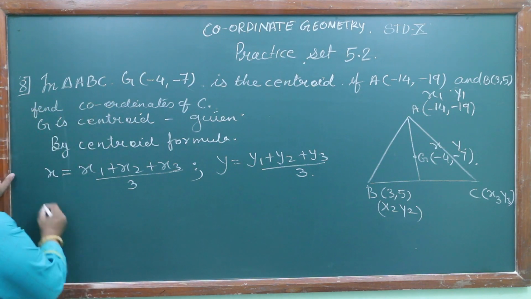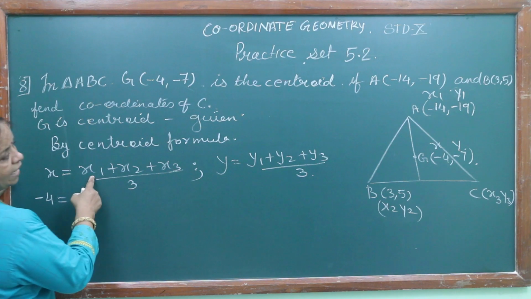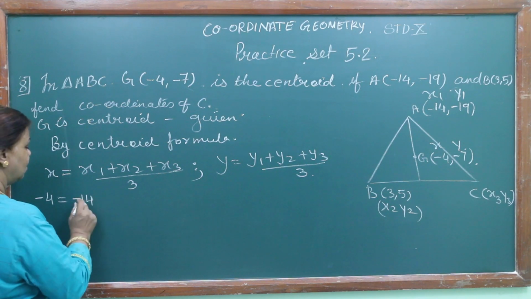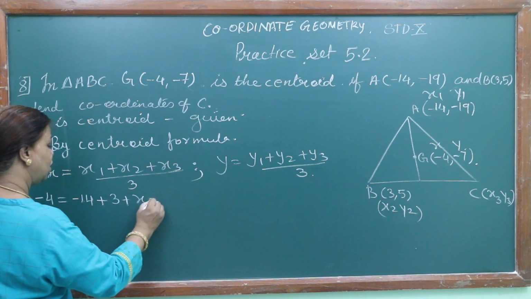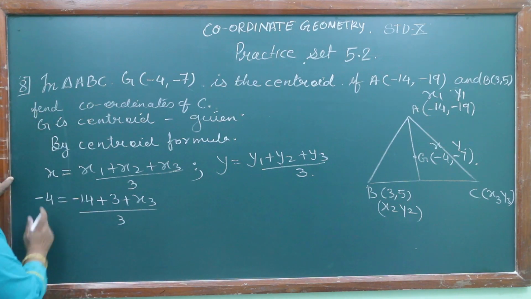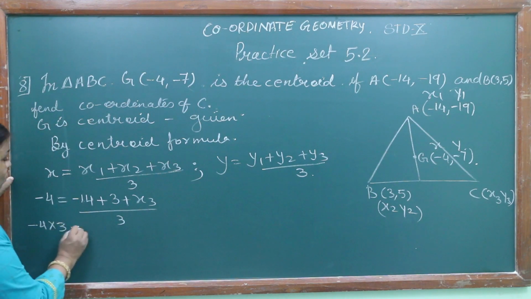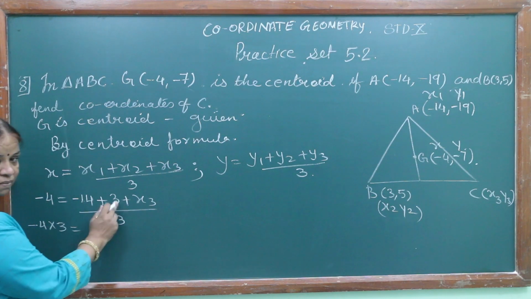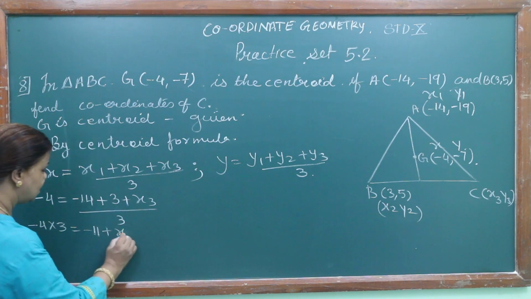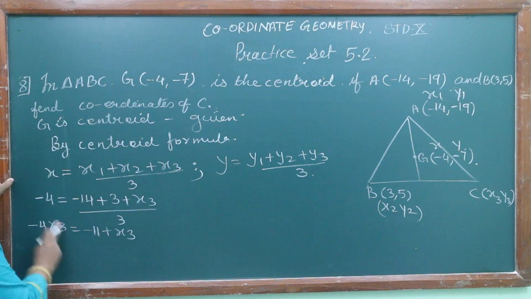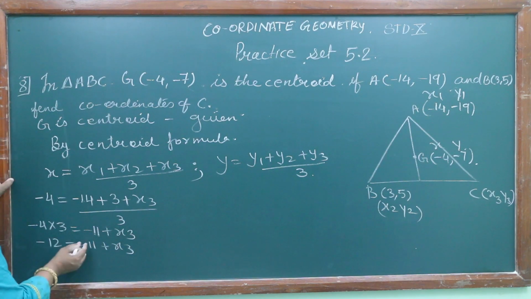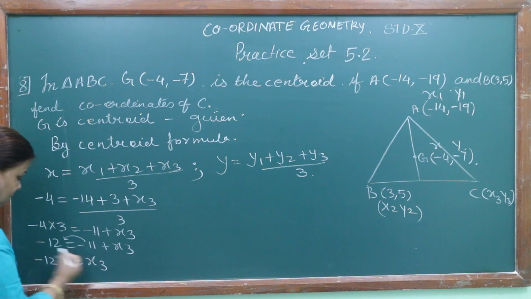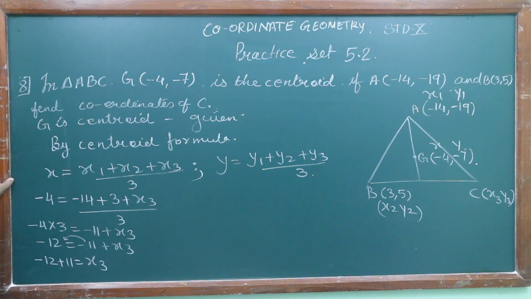X is given -4. -4 equal to x1, x1 is -14 plus x2 is 3 plus x3 we don't know, we need to find out, upon 3. 3 will go here. -4 into 3 equal to -14 plus 3 is -11 plus x3. -4 into 3 is -12 is equal to -11 plus x3. -11 will come here. -12 plus 11 equal to x3 and -1 is minus, 1 is plus, children, you can see.